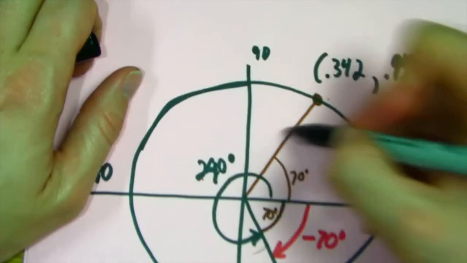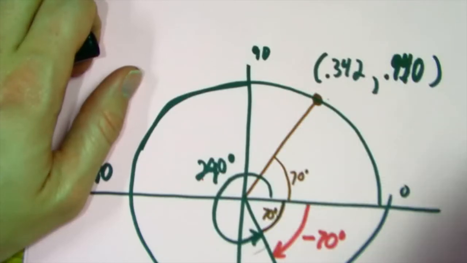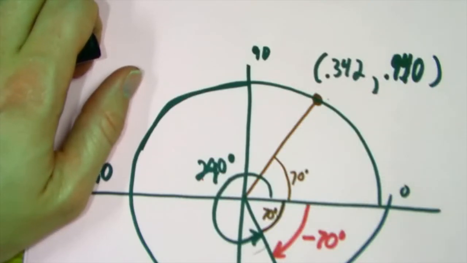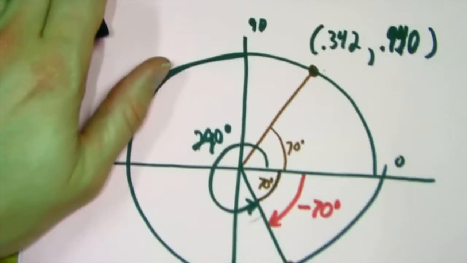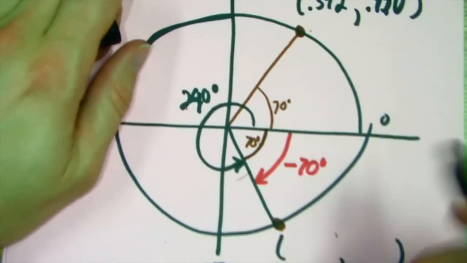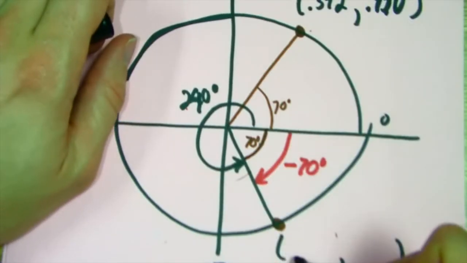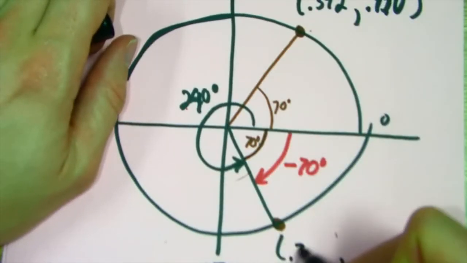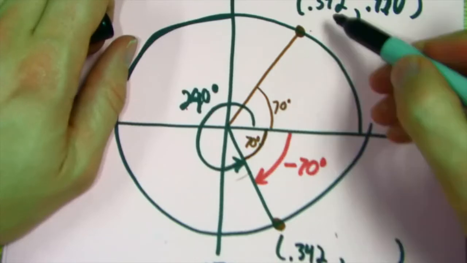It's just, instead of being positive, it's negative. So what would you think the x-coordinate of this point is? All right, the x-coordinate of this point is going to be 0.342, the exact same x-coordinate as this one.